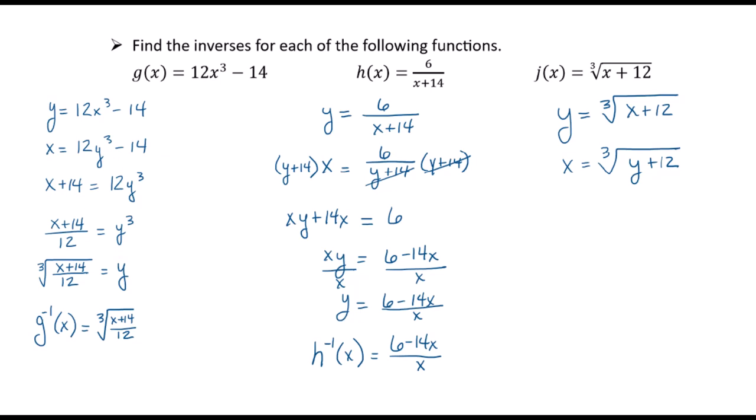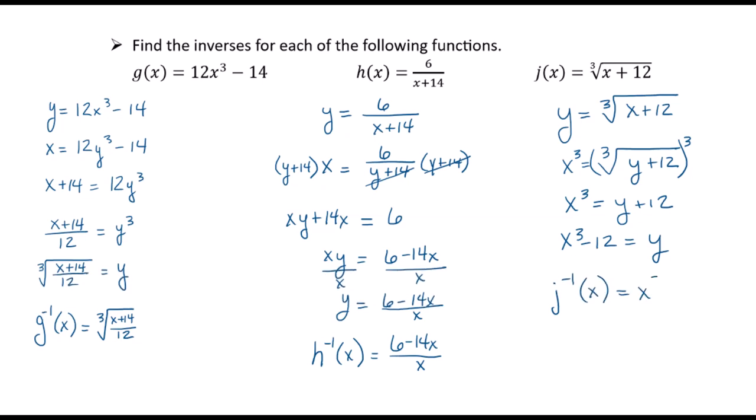Here y is inside that cube root, so we'll need to cube both sides in order to get it out of the radical. So x cubed is y plus 12, and we need to subtract 12 from both sides and use inverse notation. J inverse of x is x cubed minus 12.